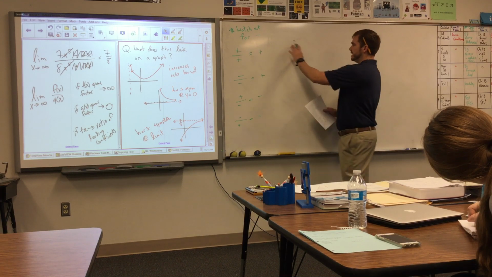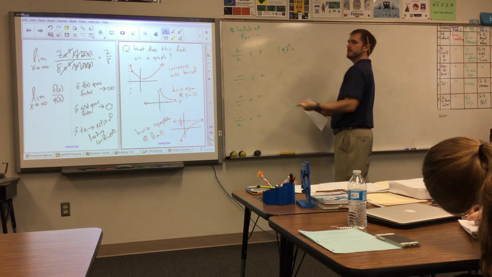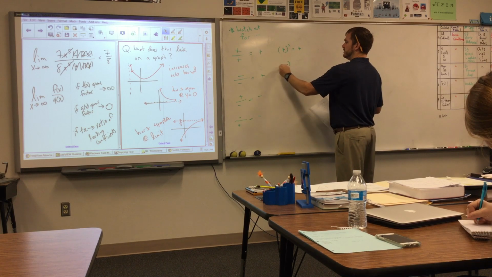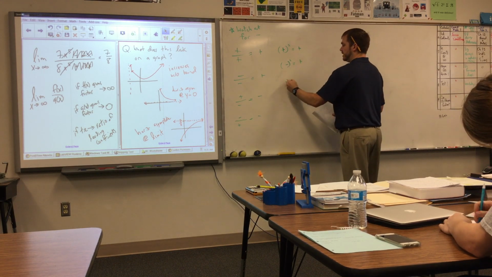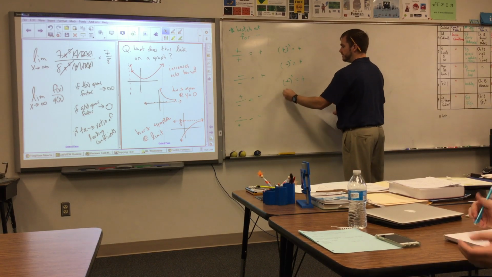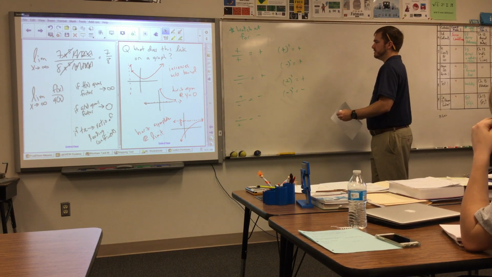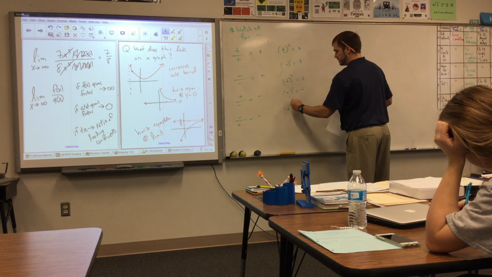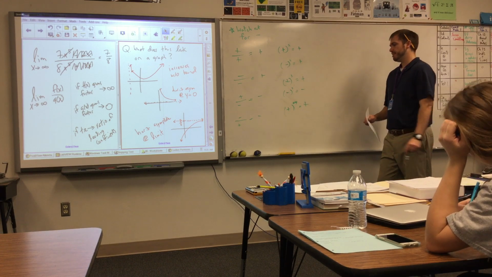Also, if you take a positive number and square it, what type of number do you get? Positive. A negative number and you square it? Positive. A positive number and you cube it? Positive. A negative number and you cube it? Negative. In fact, if you take a positive number to any power, of course it's going to be positive.